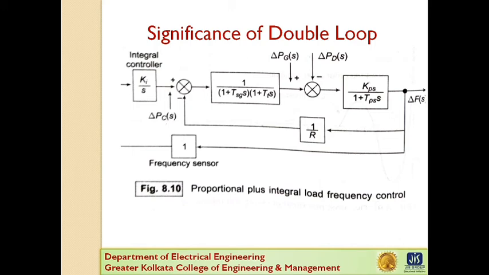The signal delta PC generated by the integral control must be of opposite sign to delta F, which accounts for the negative sign in the block for the integral controller.